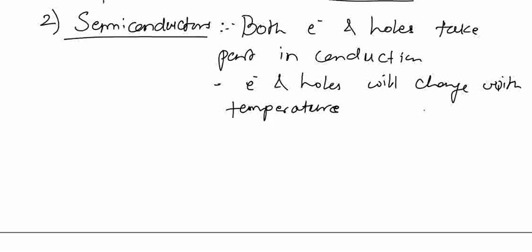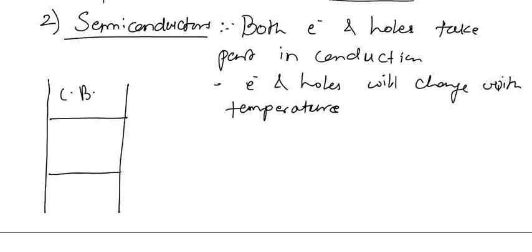In case of semiconductors, the energy band diagram consists of all three bands: conduction band, valence band, and a band separating both, called the forbidden band.